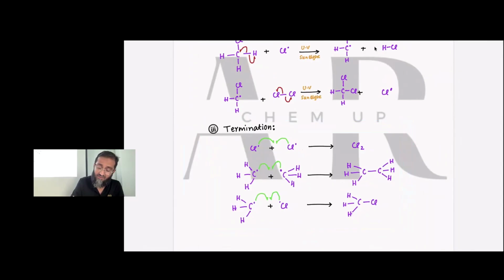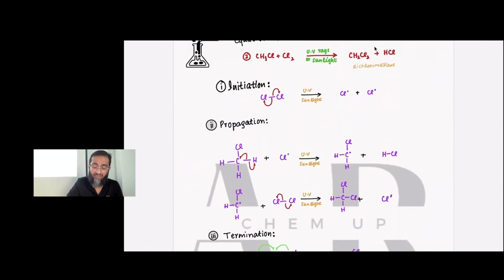Okay, so we have a chlorine over here, right? So here we will get this product. And as we have a chlorine over here, we will get this product. Is this clear? Any confusion so far?